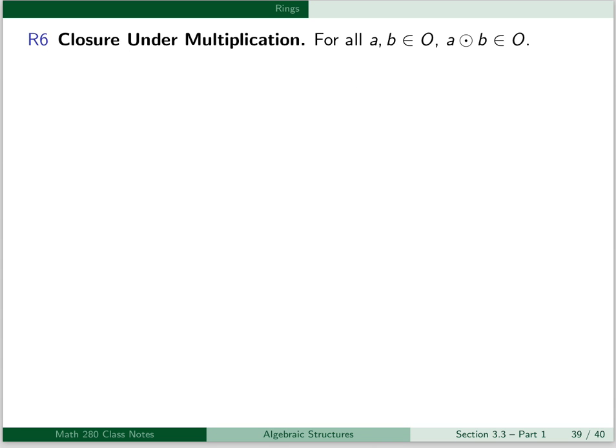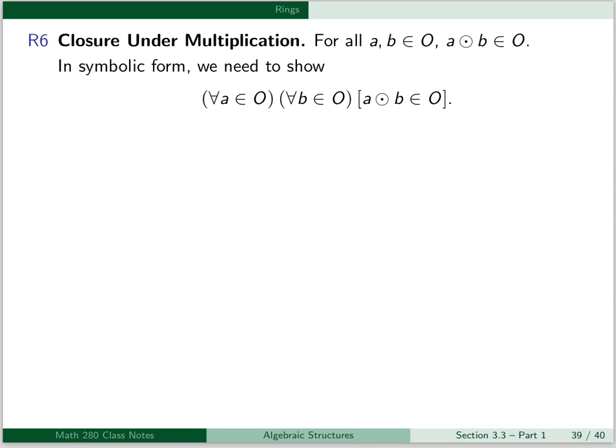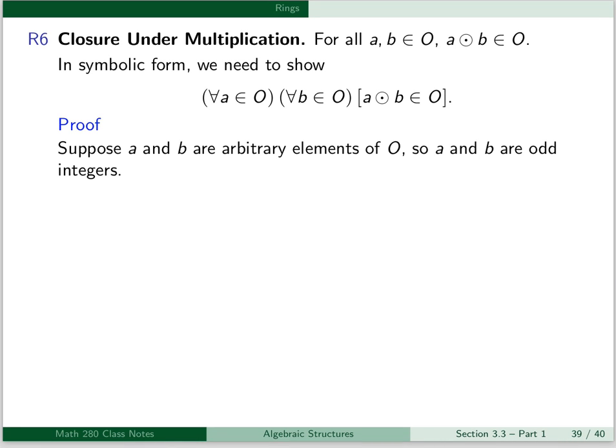For R6, closure under multiplication, we have for all a, b in O, a circle dot b is in O. In symbolic form, we need to show for all a in O, for all b in O, a circle dot b is in O. We'll suppose a and b are arbitrary elements of O, meaning that a and b are odd integers.